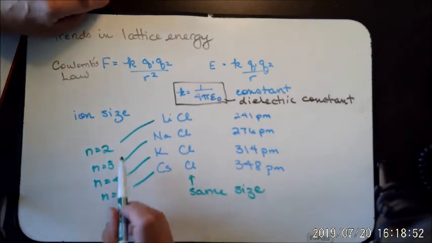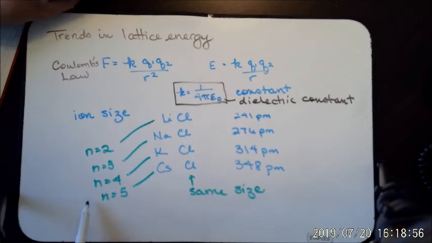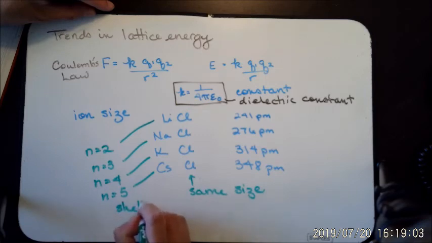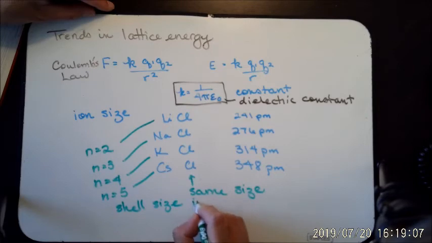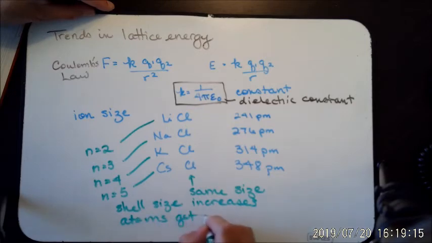In other words, as I go down, we already know this trend, as your principal quantum number increases going down the column, your shell size increases. So my atoms get larger.